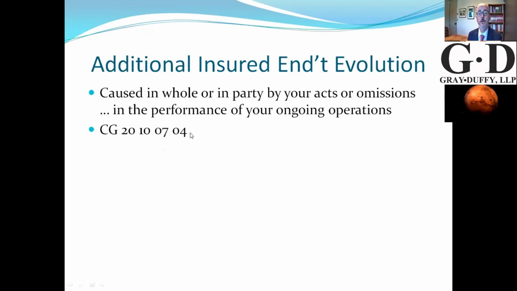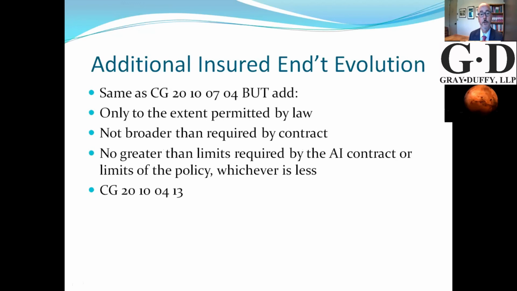Then in 2004, they limited it to caused in whole or in part by your acts or omissions in the performance of your ongoing operations, trying to pull it back from that arising out of expansive minimal causation determination.